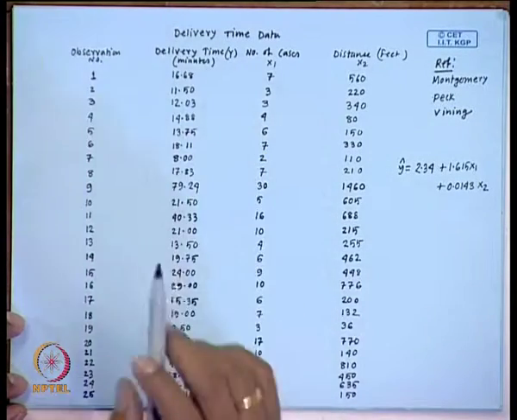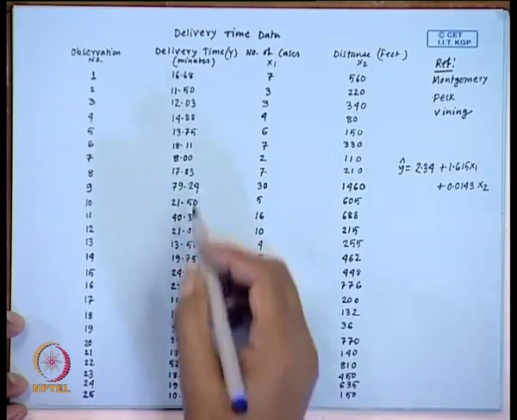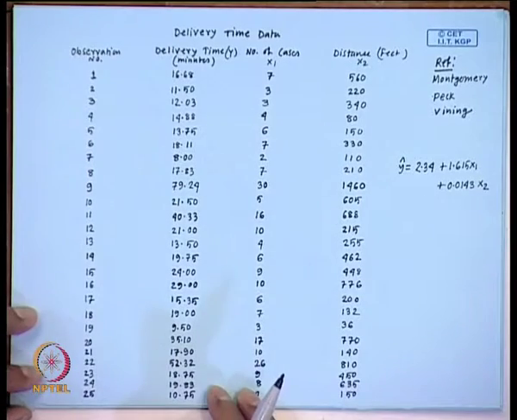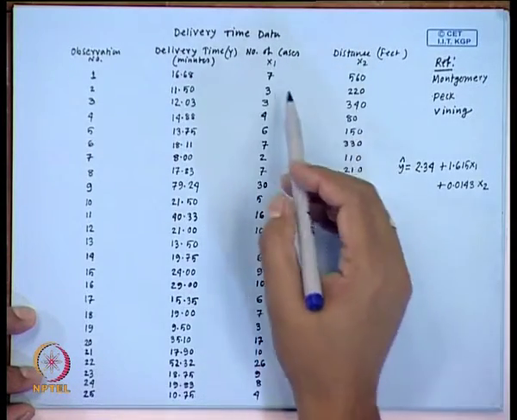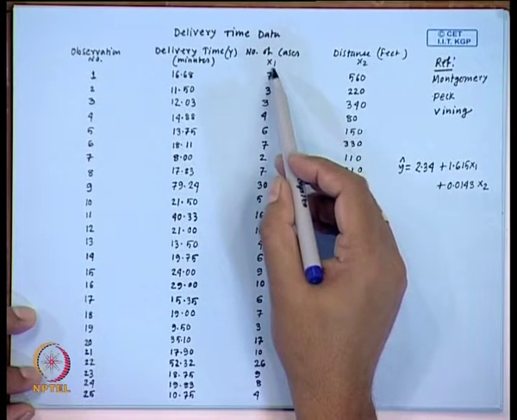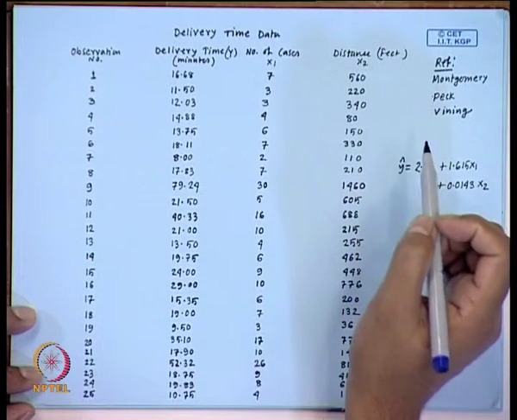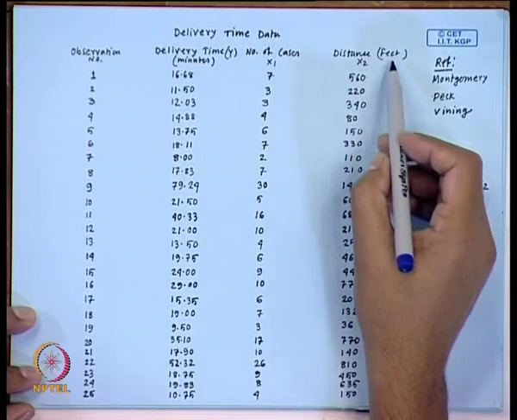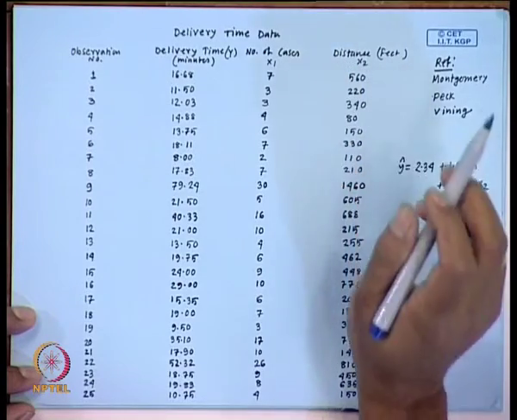The response variable is the delivery time y in minutes, and these are the values, and there are two regressors here. One is the number of cases, denoted by x1, and the other one is x2, which is the distance in feet.